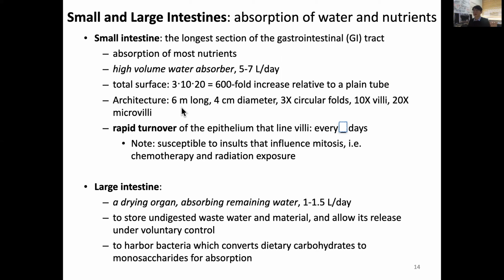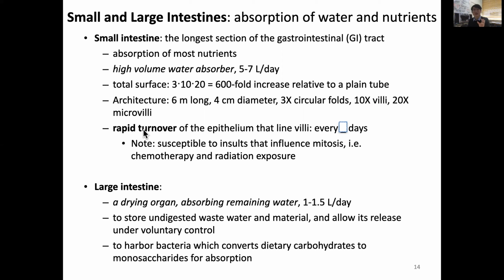That architecture is about 6 meters long and several centimeters in diameter, with 3-fold circular folds, 10-fold villi, and 20-fold microvilli. Very importantly, it is constantly meeting outside food products or sometimes toxins and harmful substances that we take in.